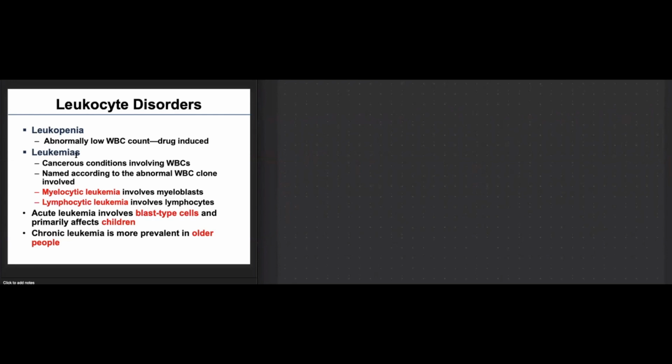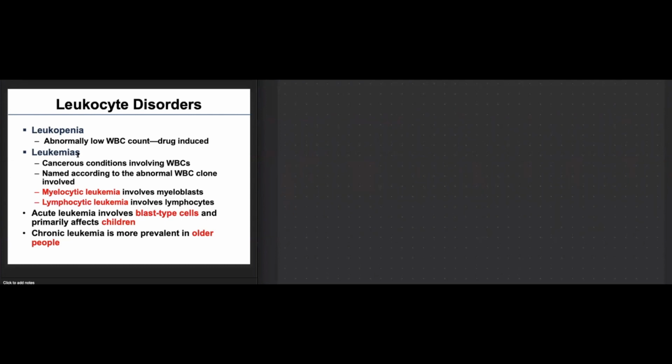If I have excessive production of leukocytes and those leukocytes are abnormal, are cancerous. So in case of infection, you're going to have leukocytosis, which is a high white blood cell count, but those white blood cells are fighting the infection.